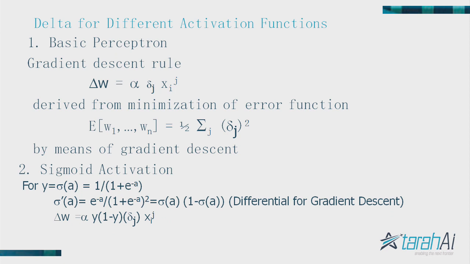What is the partial differential equation with respect to W for this equation? Same thing if it is a linear equation, it becomes this, which you already know from linear regression. It's very similar to what we did there. Same way, if you have a different activation function, take that and do a partial differential with respect to the corresponding W. So what do you get at the end of it?